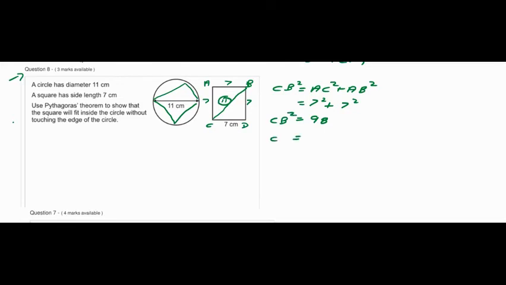So CB is the square root of 98, which is 9.9. Now 9.9 is the length of this CB, and it's less than 11 centimetres, so we've shown that that square will fit inside the circle.